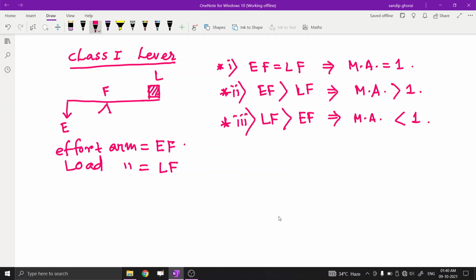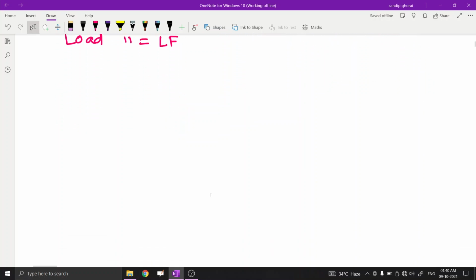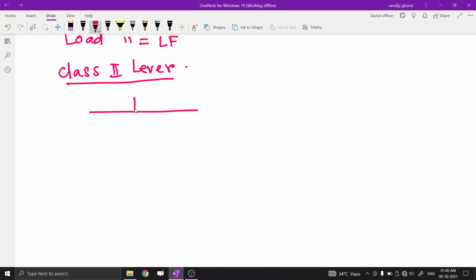Okay, so if we move to our second lever, or class 2 lever, then what is the basic block diagram of class 2 lever? Simply, load is placed in between.